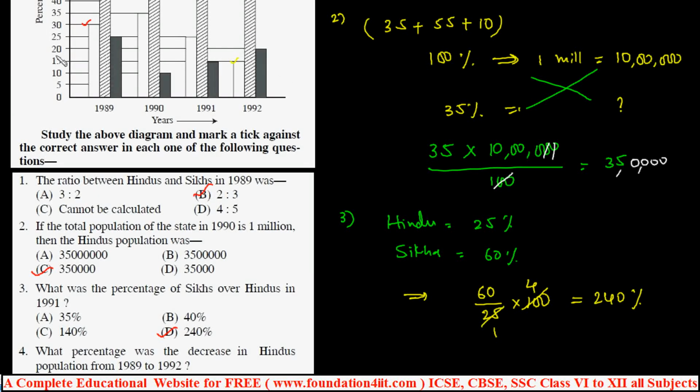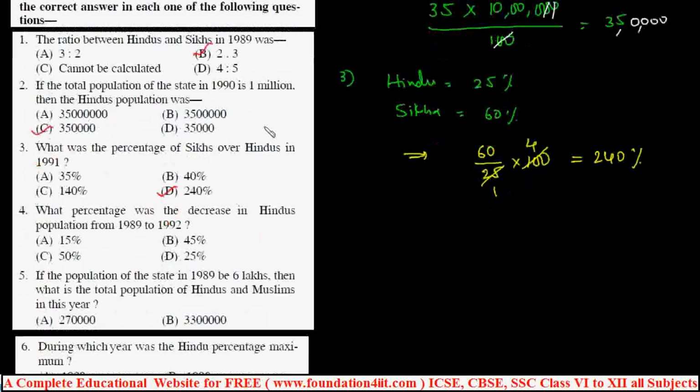This is a 15, right? Yeah, it's a 15. Now by comparing both, in 1989 Hindus is 30%, in 1992 same Hindus is 15%.